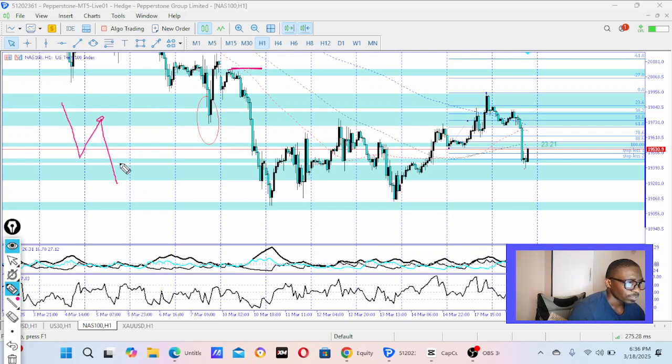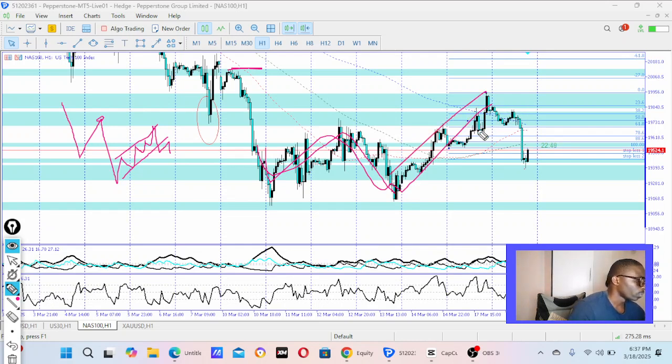Price retraces back. What I should do is wait for price to change character for a lower high to form like this. This is what I was supposed to have waited for, because all this double bottom here and this movement here was just a retracement.